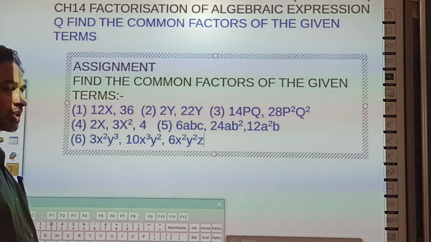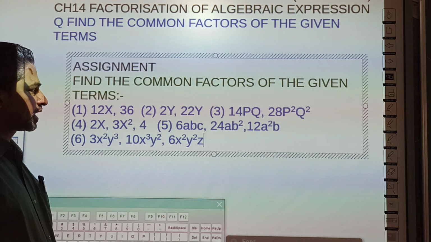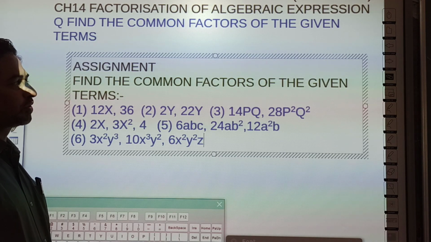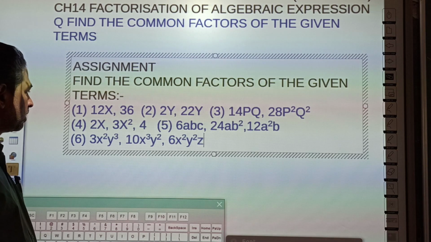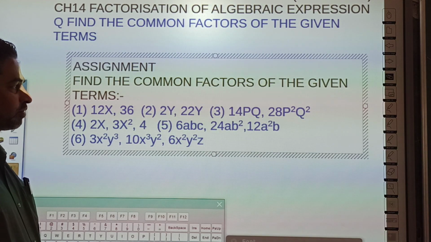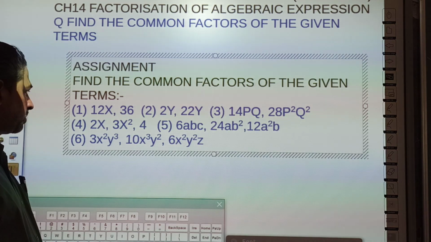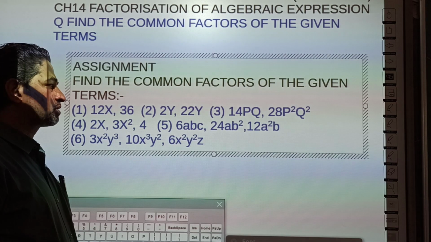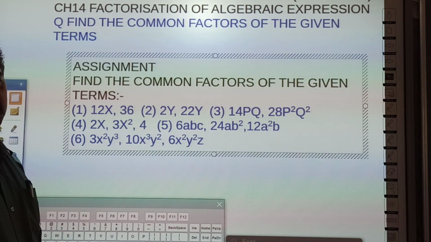First one is 12x, 36. Second is 2y, 22y. Third is 14pq, 28p square q square. Fourth is 2x, 3x square, 4. Fifth one is 6abc, 24ab square and 12a square b. And the last one is 3x square y cube, 10x cube y square and 6x square y square z.